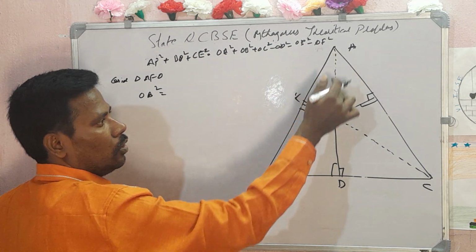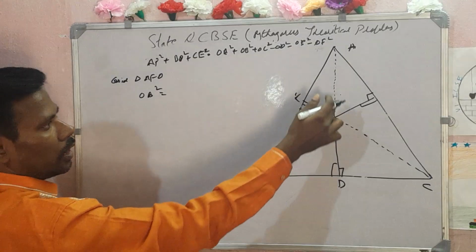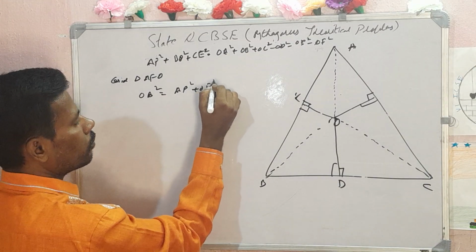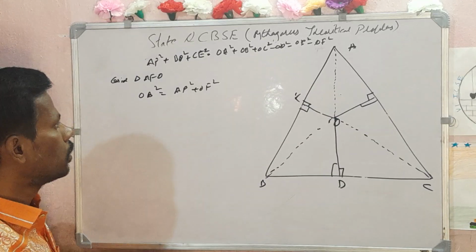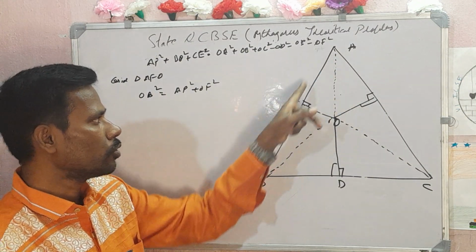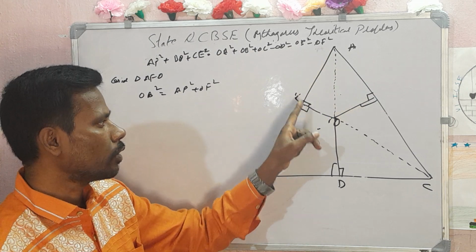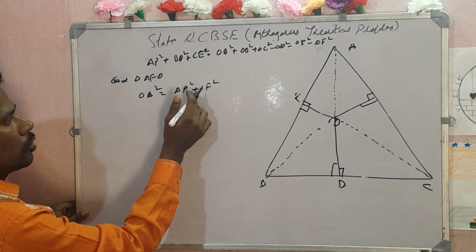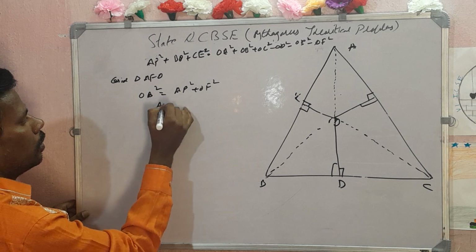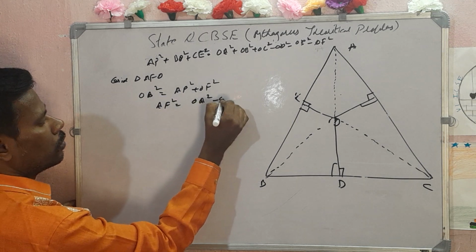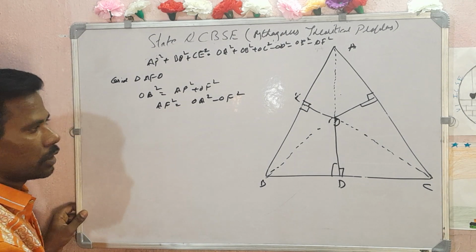So hypotenuse square is equal to AF square plus OF square, right? Square on the hypotenuse is equal to sum of the squares on the other two sides. So here he is asking AF square. So write down AF square as it is, bring this to here: OA square minus OF square, right?